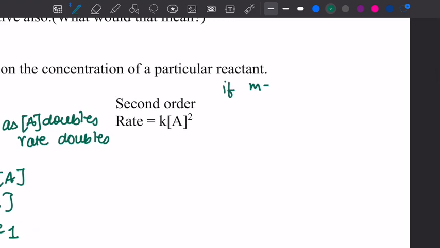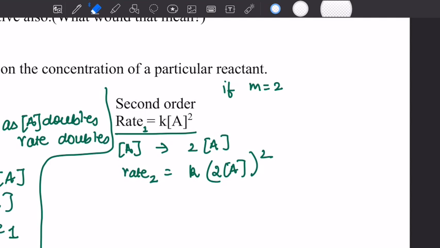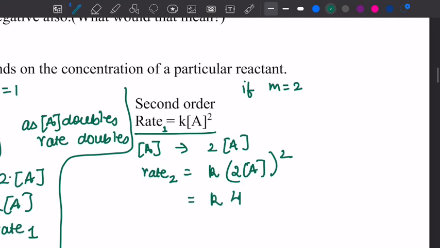Now what happens if m was 2? So if the order with respect to A was 2, then your rate law would look something like rate equals k[A] squared. And now if you double the concentration of A, so let's call this rate 1, what happens to the rate of the reaction? Well, the rate would be k(2A) whole squared.